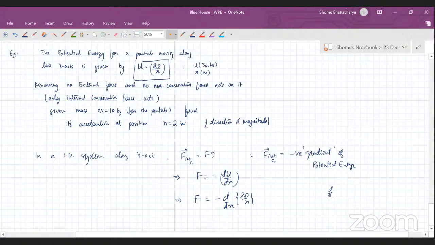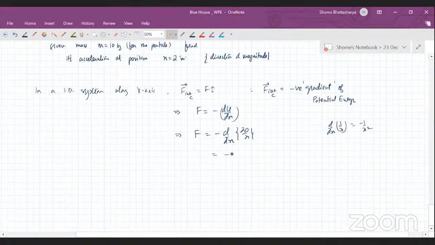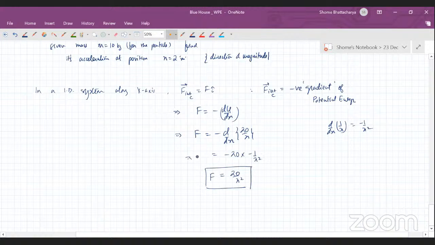Now you know that differentiation of 1 by x is how much? Minus 1 by x square. So this will become this, this will be the force, where F is in newtons, x is in meters.